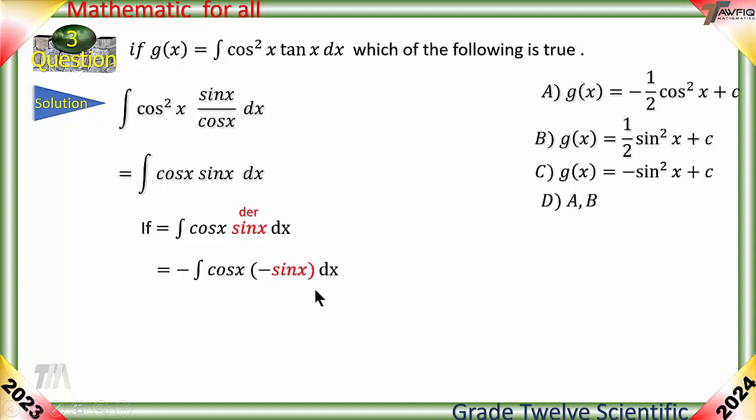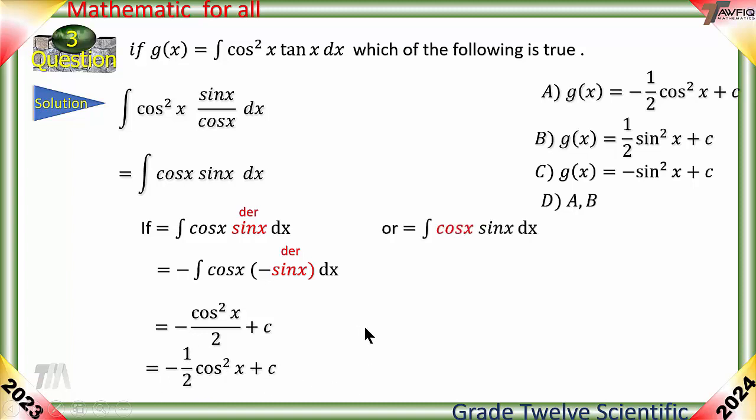And now we take the integration by adding 1 to the power of cosine and dividing by the new power, which is equal to minus, this is the minus, cosine squared x over 2 plus c. And we can write it as minus 1 over 2 cosine squared x plus c.